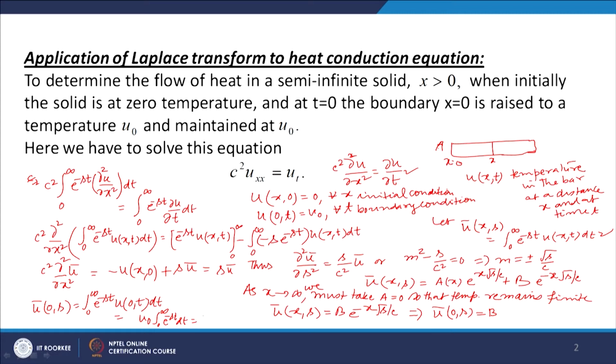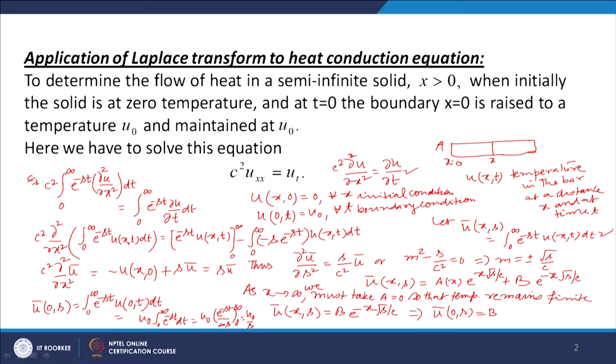And this is u naught times e to the power minus s t over minus s from 0 to infinity. So if s is positive, then as t goes to infinity, this will go to 0. So we will get u naught by s.